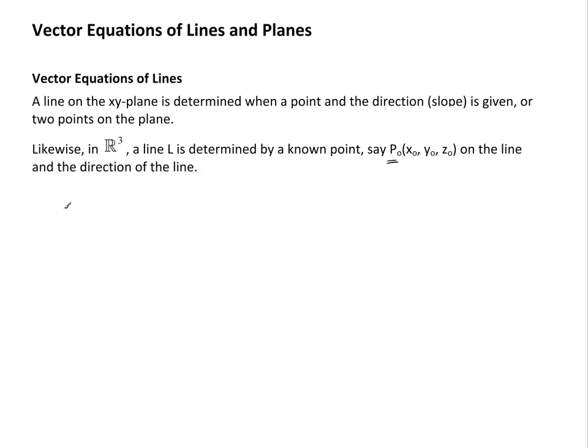So let's go ahead and draw a quick picture here. I'm going to say here's my point P0, which has coordinates x0, y0, and z0. Now P0 is going to be our known point. Now this line, here's my line L. And I'm going to pick a point right here.